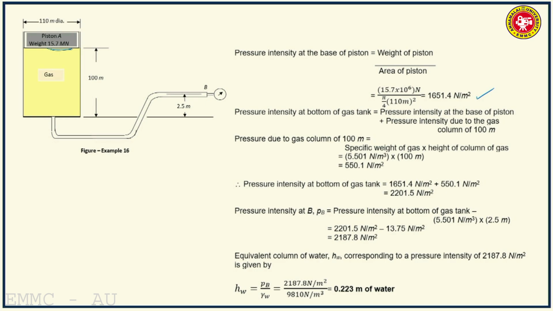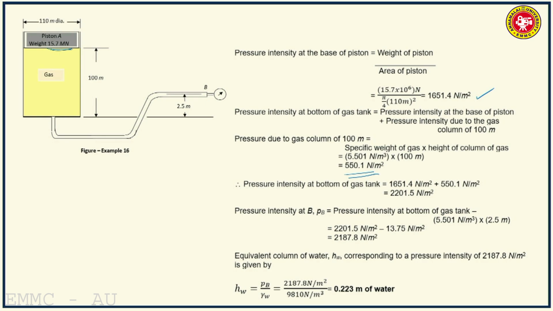So pressure intensity at bottom of gas tank will be pressure intensity at base of piston plus pressure intensity due to the gas column of 100 meters. So pressure due to gas column of 100 meters is specific weight of gas multiplied by height of column of gas, that is 5.501 Newton per meter cube multiplied by 100 meters, so you get 550.1 Newton per meter square.